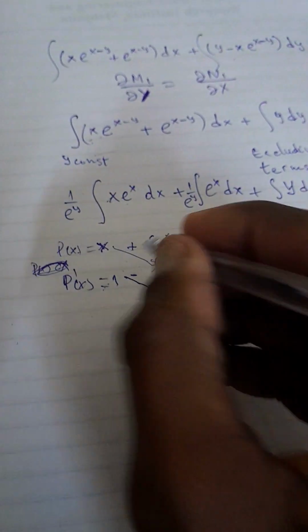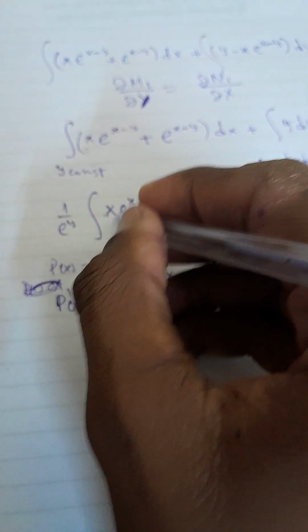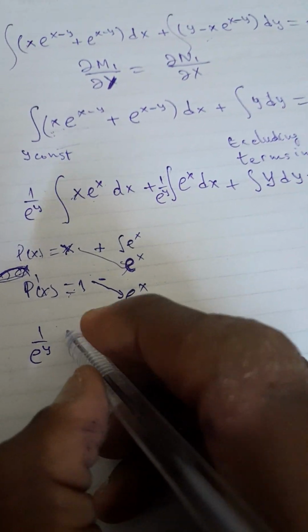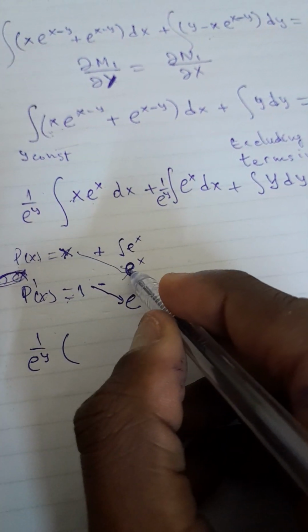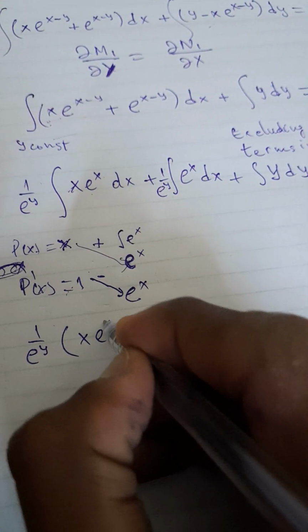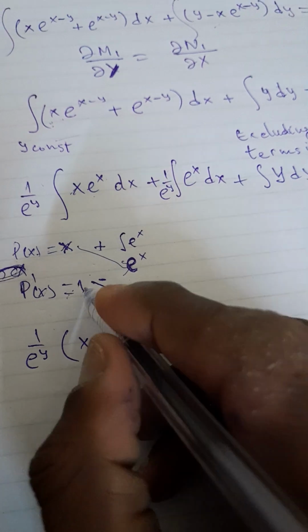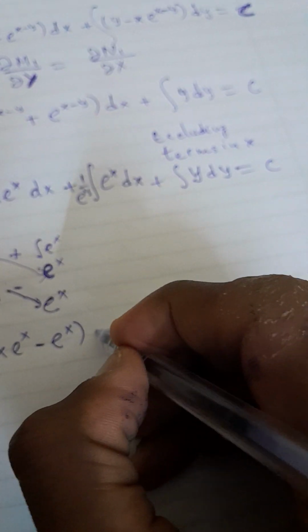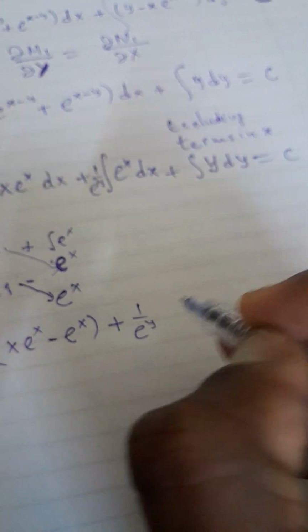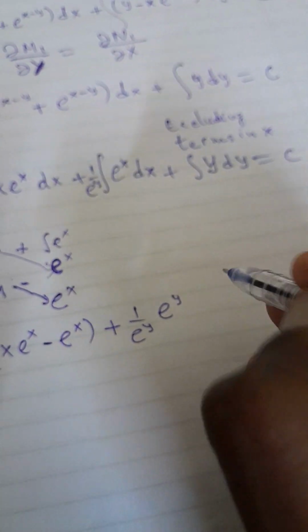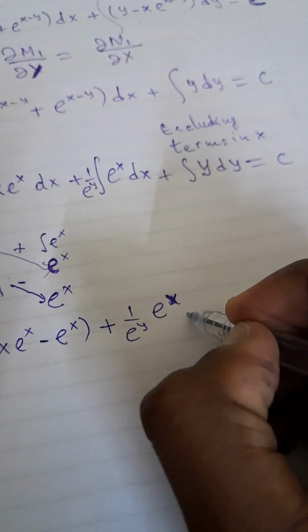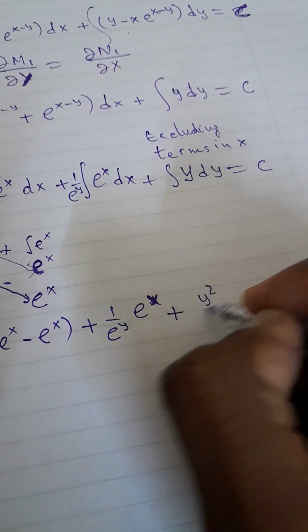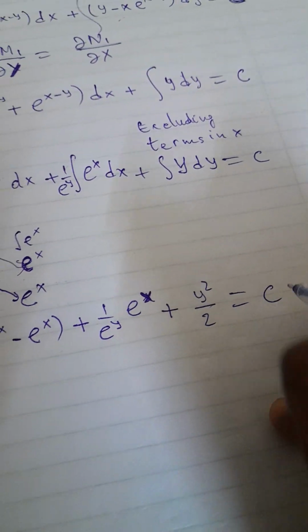Positive, negative, positive, negative. So this integration will be equal to 1 upon Euler raised to y, times x Euler raised to x, minus Euler raised to x. Plus 1 upon Euler raised to y, and this integration is the same, plus the integration here, which will be y squared upon 2, equal to c.